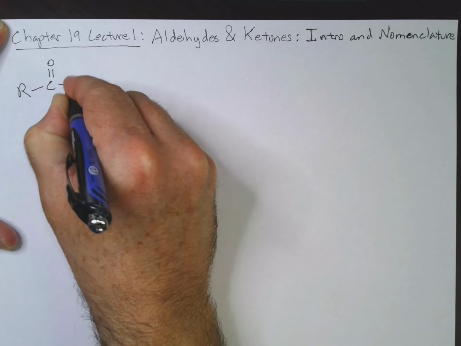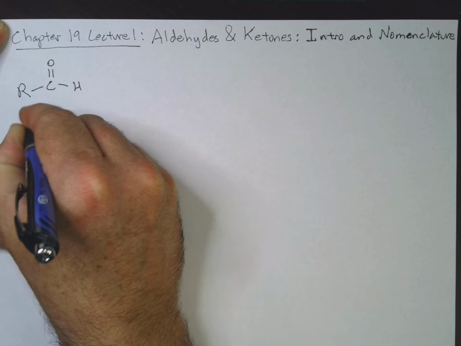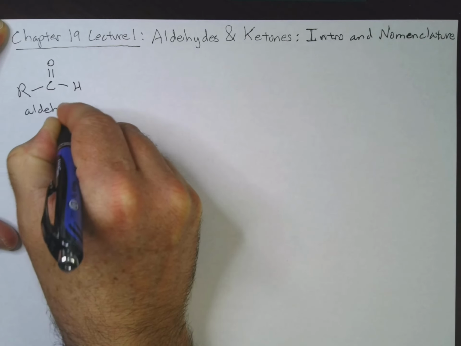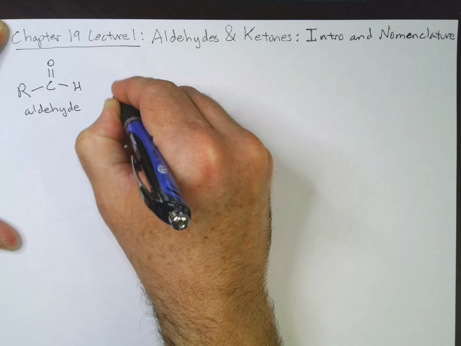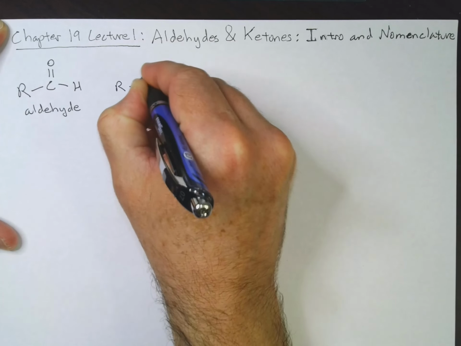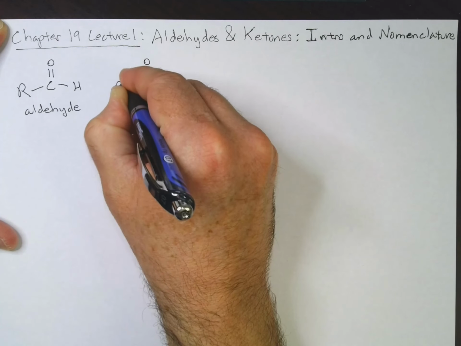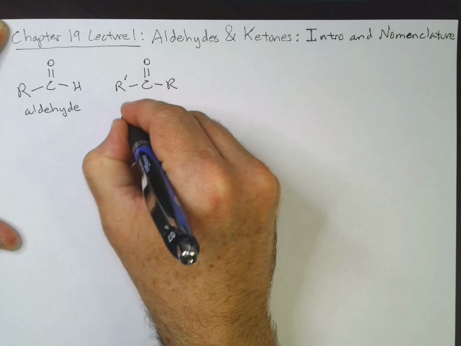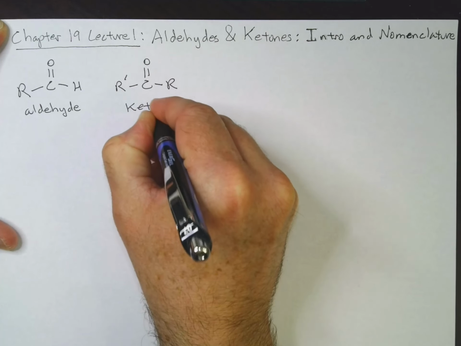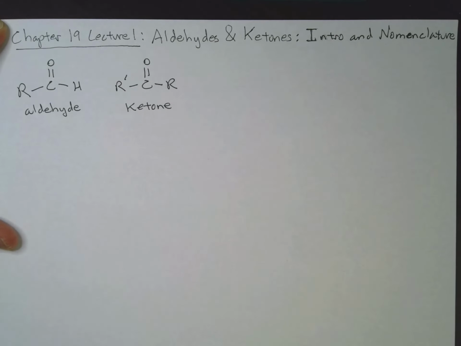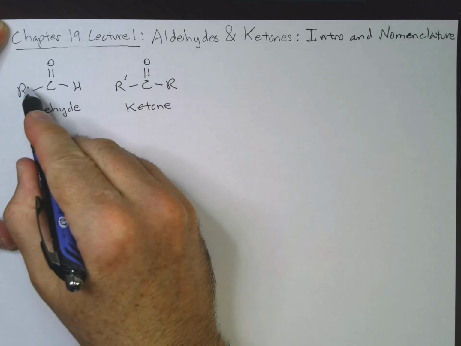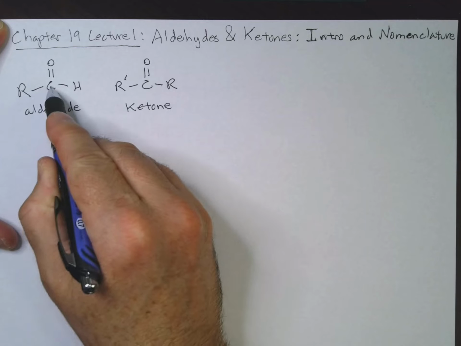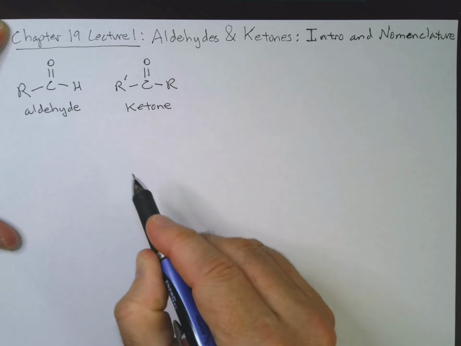So that's a C=O double bond. And an aldehyde has one carbon chain attached to the carbonyl and then a hydrogen attached to it as well.